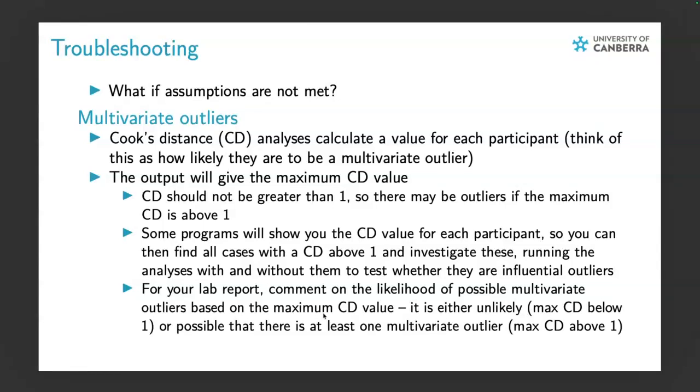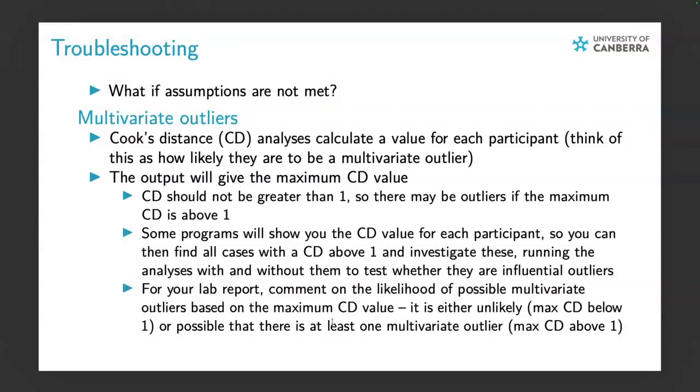As I said at the start of the tutorial, some programs such as R will show you the Cook's distance value for each participant, so you can find all the cases with the Cook's distance above 1 and investigate these, running the analyses with and without them to test whether they are influential outliers. You can't do this in Jamovi, and so you're not expected to do it in the lab report.